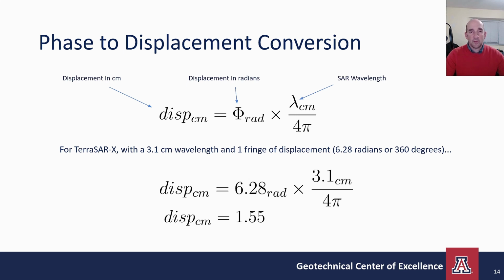Otherwise we will double count our displacement. So when we plug in the numbers for a single fringe of displacement, so 360 degrees of phase or 2 pi radians, which is 6.28 radians, and we use the TerraSAR X wavelength of 3.1 centimeters, we get 1.5 centimeters of displacement. So one fringe for TerraSAR X is 1.5 centimeters of displacement.